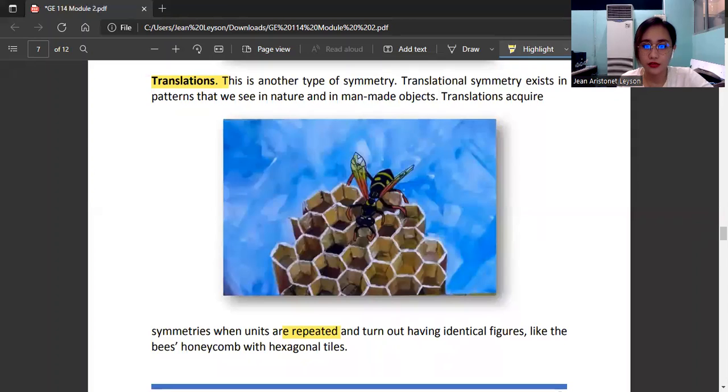So translation is when shapes are being repeated, same with the beehive or the honeycomb. It's like a repetition of several hexagonal figures. Hexagonal meaning it's a figure with 6 sides.